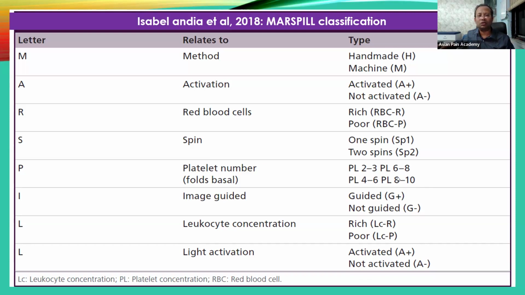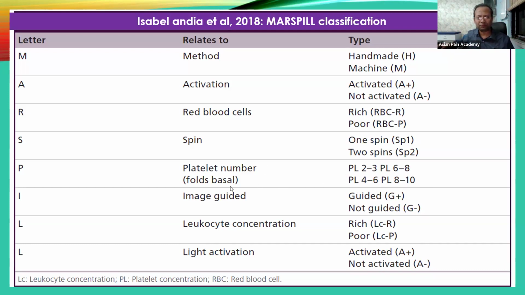Somebody 8 to 10 times. So how much concentrated did you make the collected platelets? If you calculate the number of platelets per ml, you will understand: if it is 10 lakhs per ml and at the start it was 2 lakhs per ml, then you know that it is 5 times concentrated.